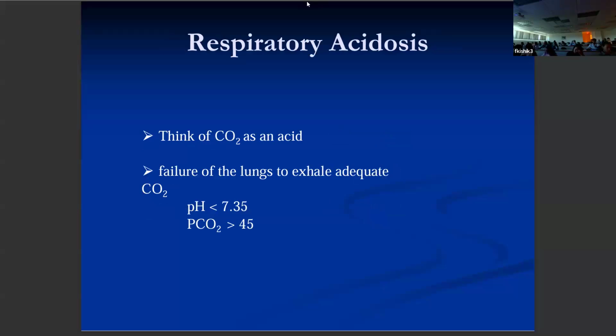So what do you think is the most important part of a blood gas? pH, bicarb, oxygen, base excess, CO2. Well, what's the most important?